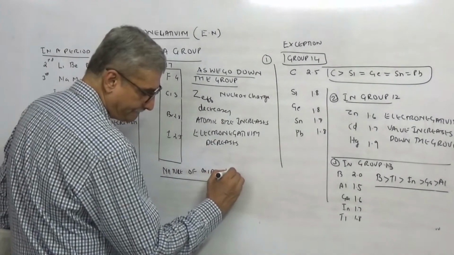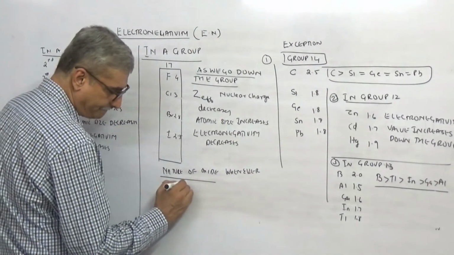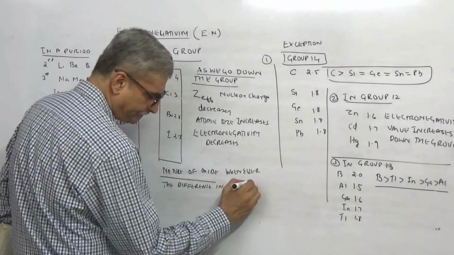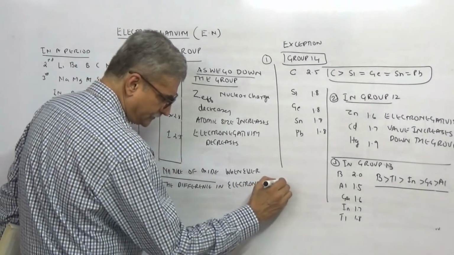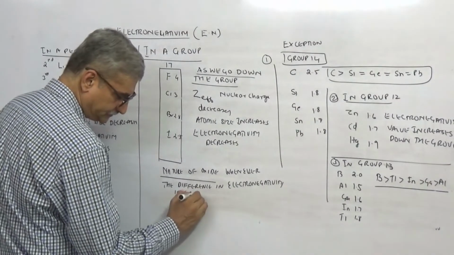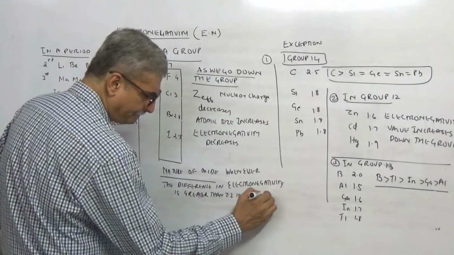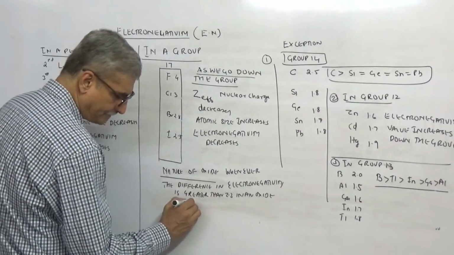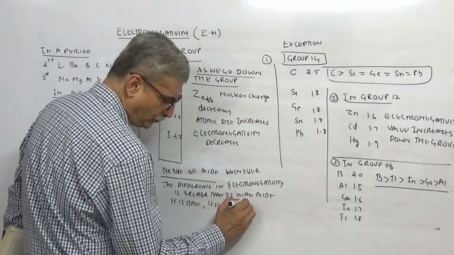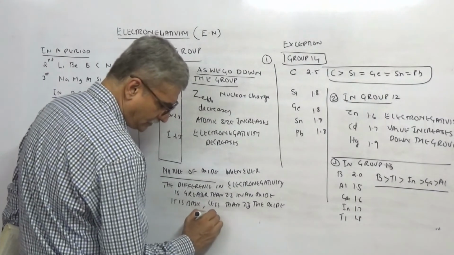So whenever the difference in electronegativity in an oxide is greater than 2.3, it is basic, and less than 2.3, the oxide is acidic.